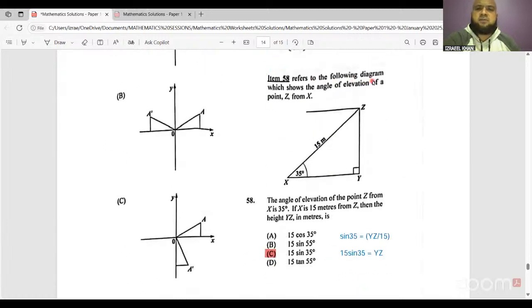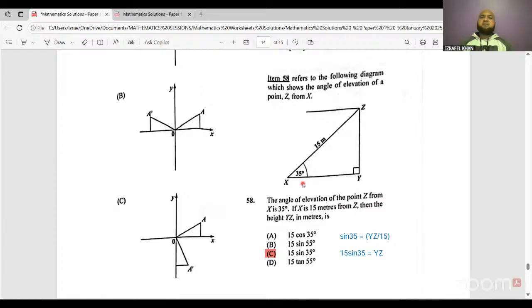58. Which of the following diagrams shows the angle of elevation of a point Z from X? Okay. All right, the angle of elevation of the point Z from X is 35 degrees. If X is 15 meters from Z, then the height YZ in meters is what?